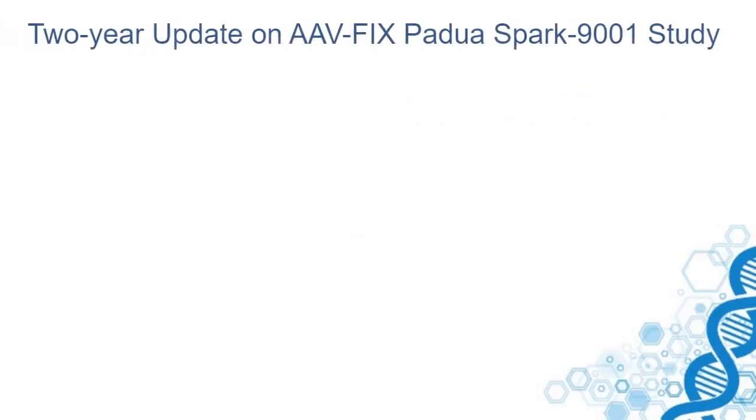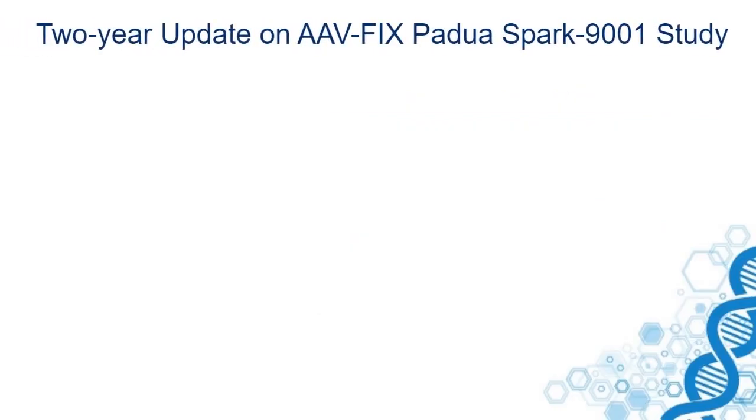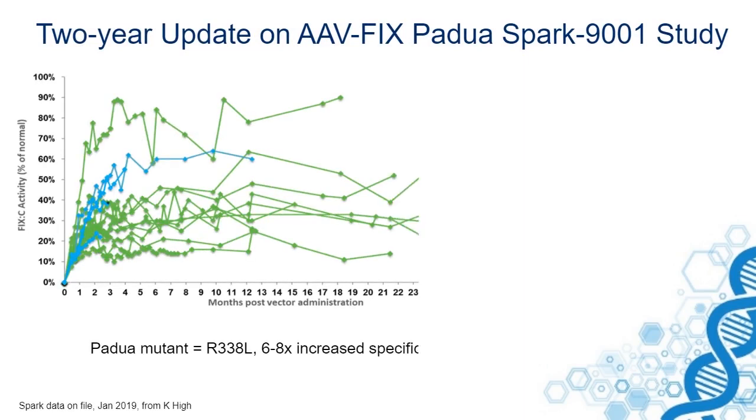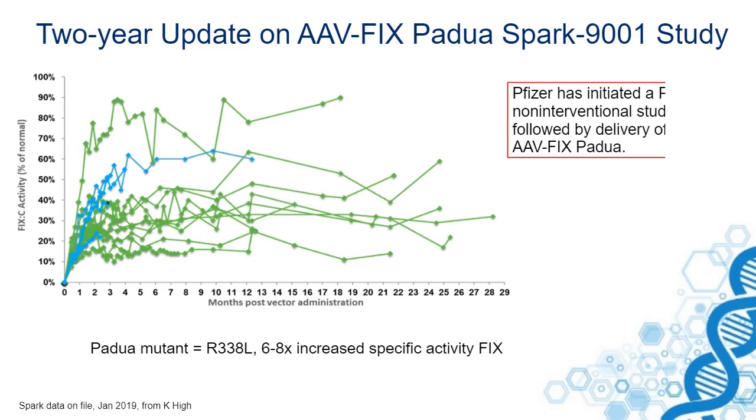This shows the 2-year update of the AAV Factor 9 Padua Spark 901 study, which shows expression up to 29 months. It shows some variability in expression, but all at levels that would have a significant clinical impact and have shown to really eliminate the need for factor infusion and bleeding.